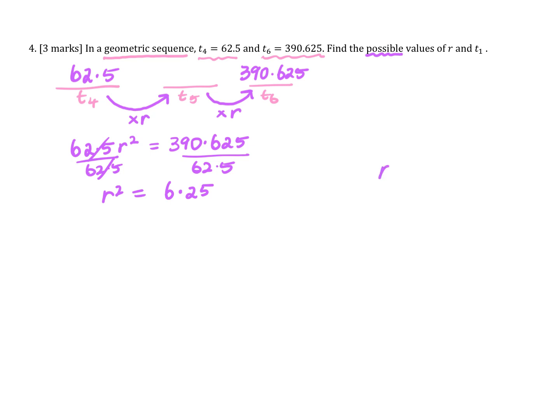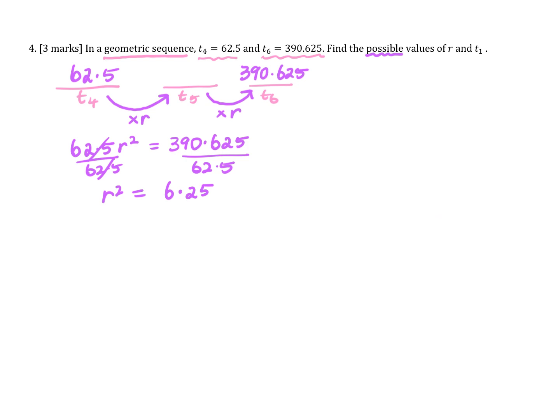Now, this is where people went wrong. Let's just take an easier number. If r squared equals 9, what will r be? Well, there's 2 options. Square root of 9 is 3, so r could be 3, but it could also be negative 3. Negative 3 times negative 3 is positive 9, isn't it?